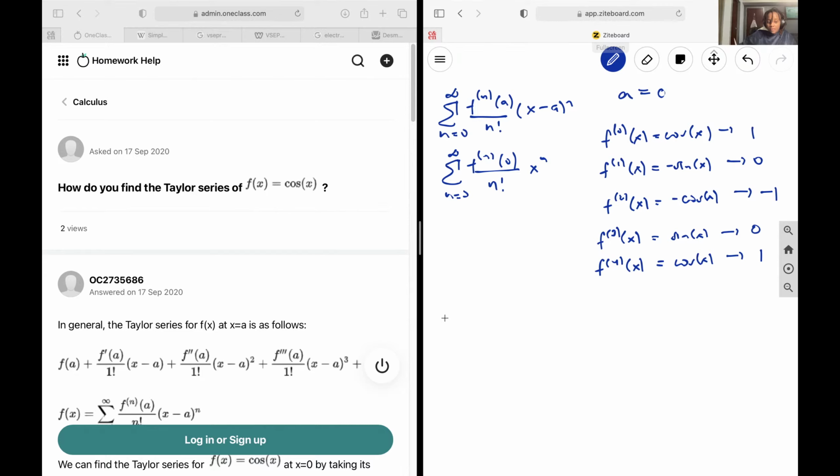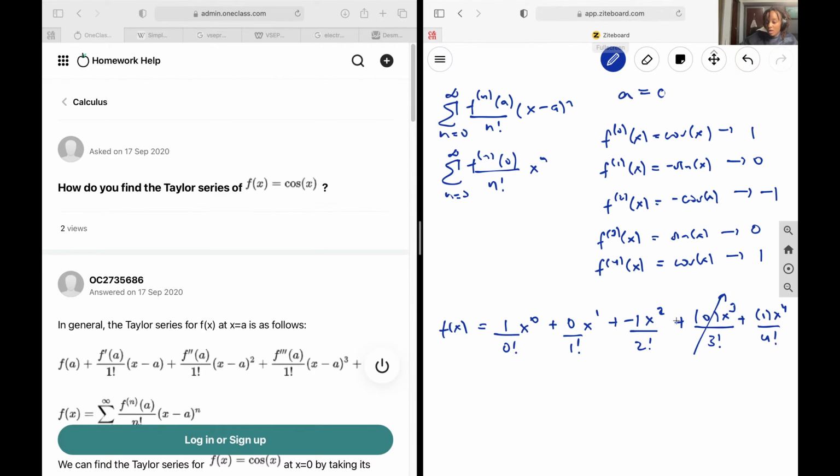And so now let's plug these in. We will find that f of x is equal to 1 over 0 factorial x to the power of 0, plus 0 over 1 factorial x to the power of 1, plus negative 1 x squared over 2 factorial, plus 0 x cubed over 3 factorial, plus 1 x to the power of 4 over 4 factorial.